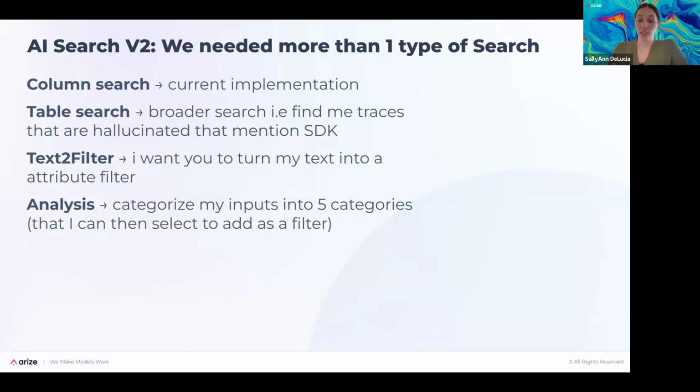And then how we actually get those guidelines, this one's a little bit hard. I think there's an argument that we probably could have made the column search and table search work together, but I always think about it as: if I were to give a person a task to do, would I consider that one task or two different tasks? That's how I think about it when I'm building these skills.